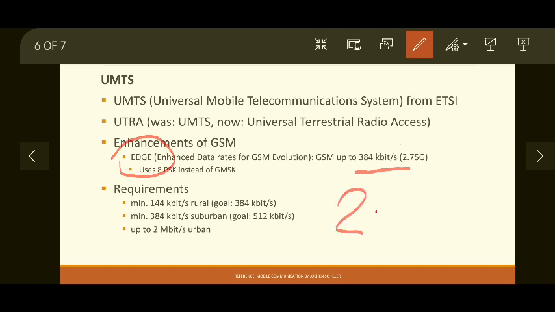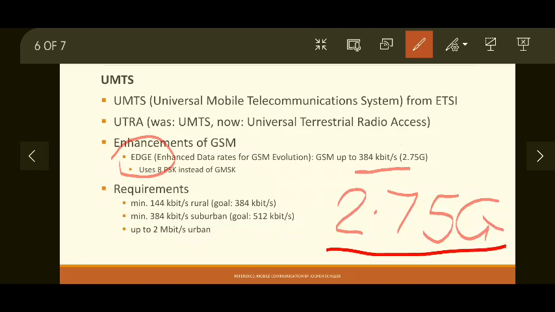It was a 2.75 generation, enhanced data rates for GSM evolution. But the details of this generation are not part of our syllabus, so we will not discuss it in detail. But after GPRS, there was another technology introduced to increase the data rate supported by GSM, that is 2.75G, which is called EDGE, enhanced data rate for GSM evolution.